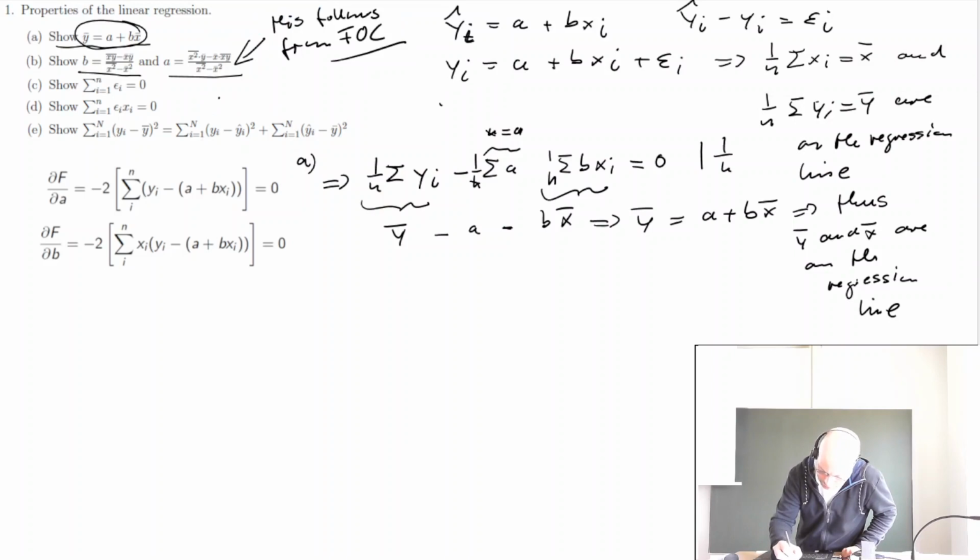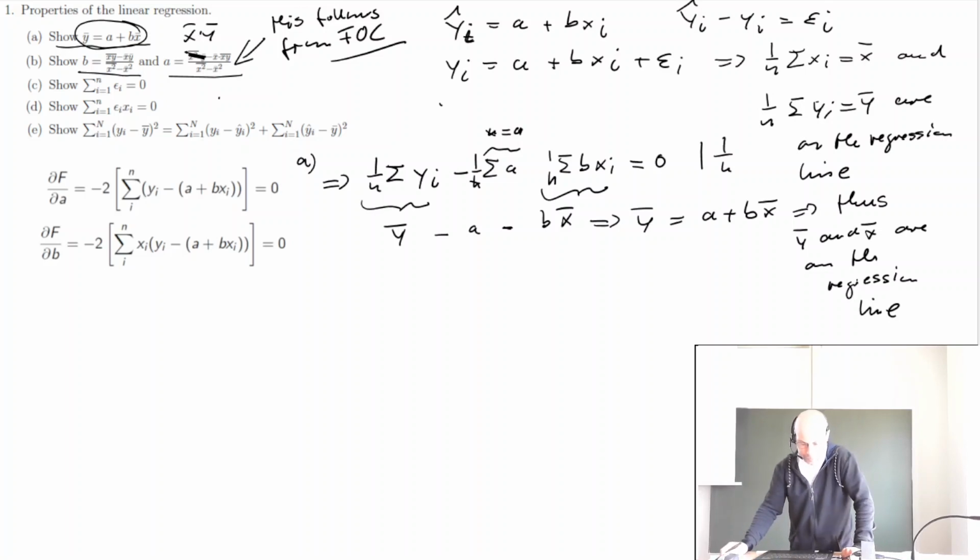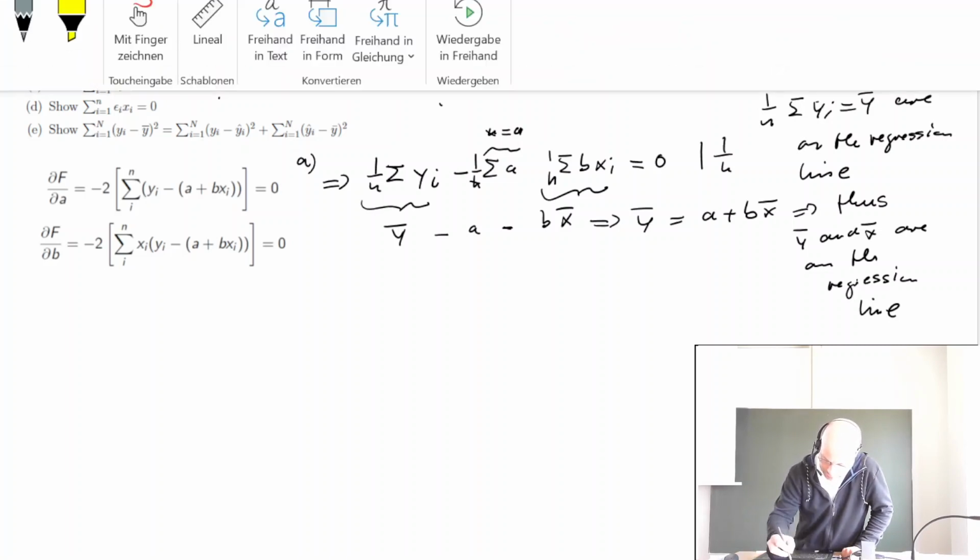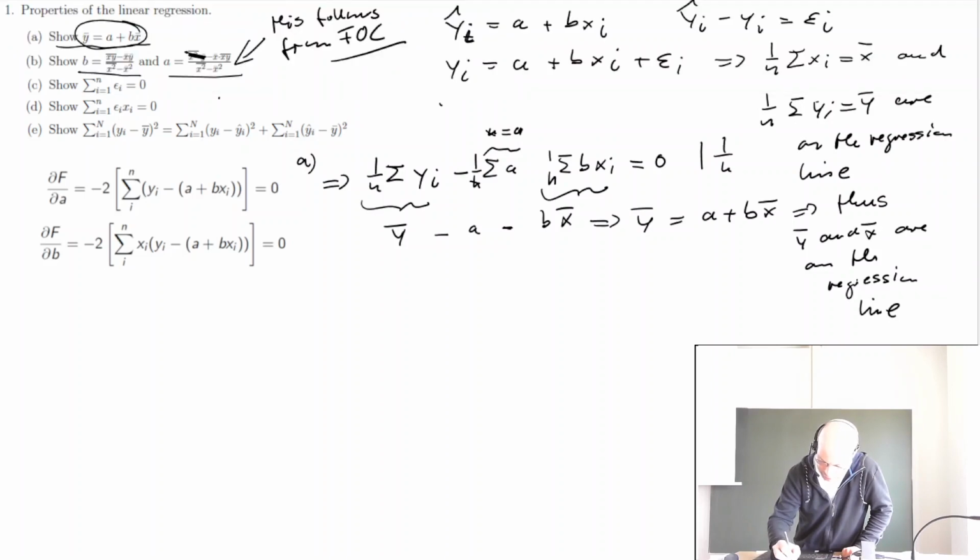This is x bar times y bar. Or no, sorry. This we have when calculating b. This is just inserting. This was still true. Okay. So this we have done.